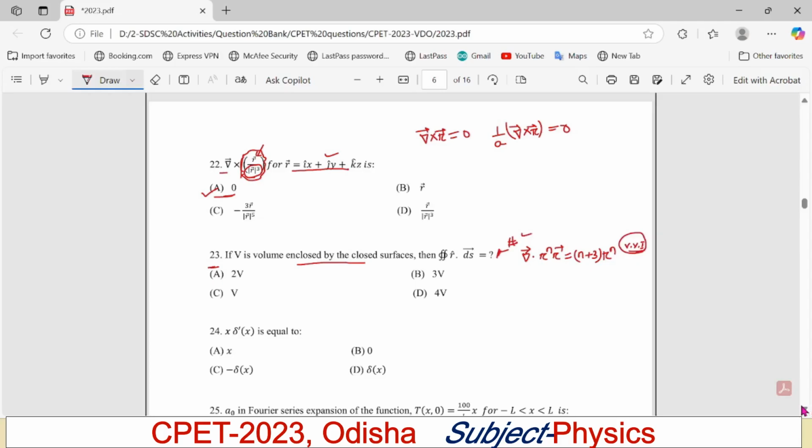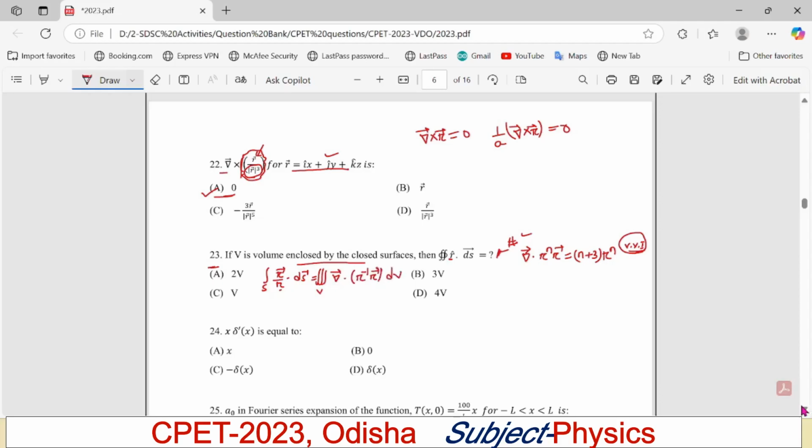Here you can see in the question it is given that surface integral of this r cap. So here r cap I can write what? r vector by r dot ds. By applying Gauss divergence theorem, it will be the volume integral of divergence of, here this r is the denominator. If I take it to numerator, it will be r to the power minus 1 r vector dv.